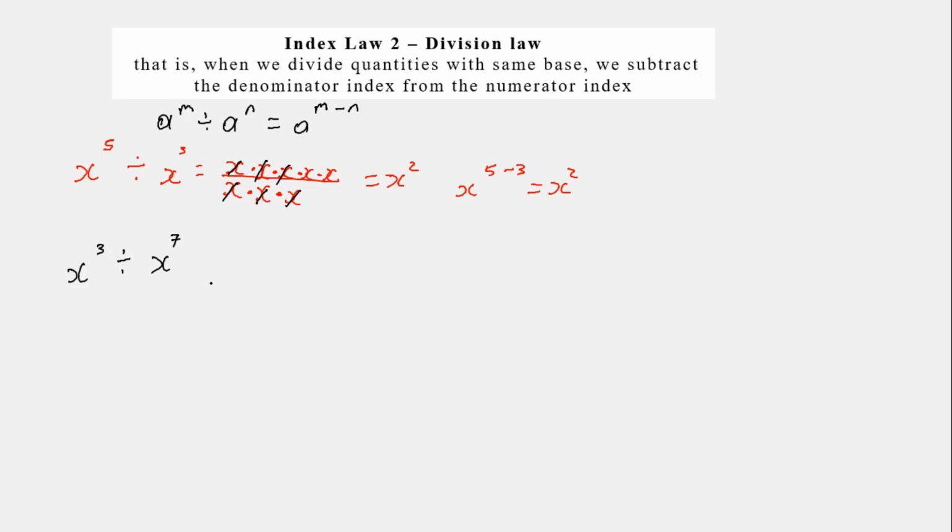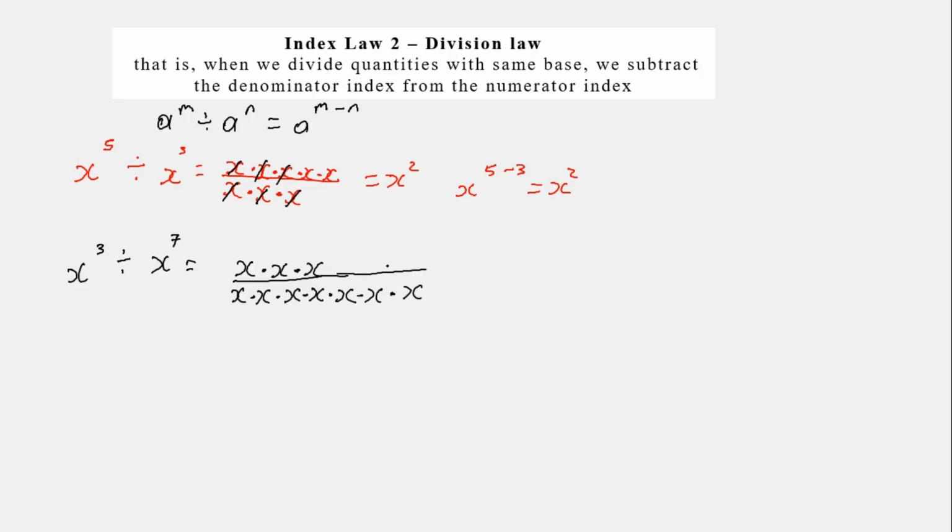We turn this into a fraction: in the numerator we have x, x, x, and in the denominator we have x, x, x, x, x, x, x.